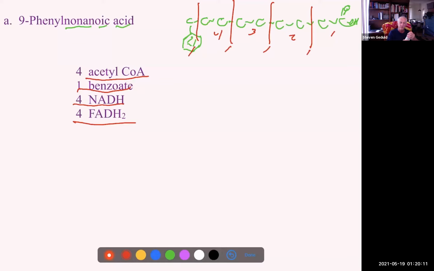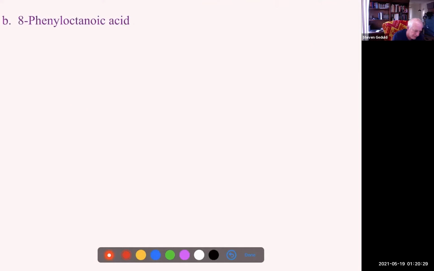Each rotation produces 12 ATPs. NADH produces 3 ATPs for each one, so that's 12. FADH2 produces 2 ATPs, so that's 8. All right, 8-phenyl octanoic acid.